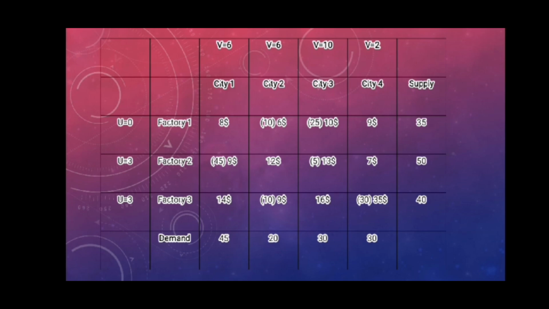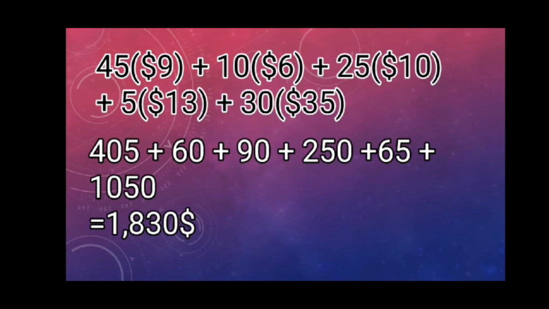Again, then add the allocated cells F3C2, F1C3, F2C3, and F3C4. So the final answer would be 1,830, and that is our total shipping cost.